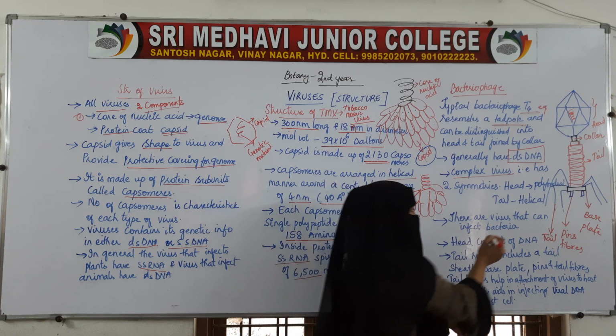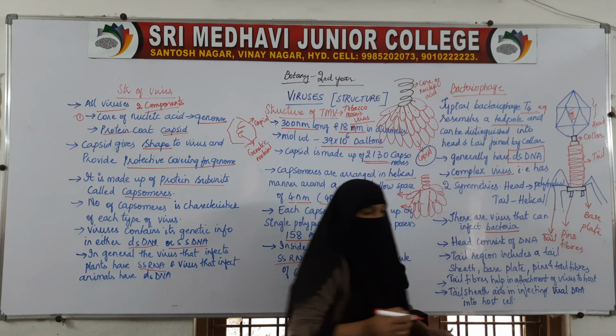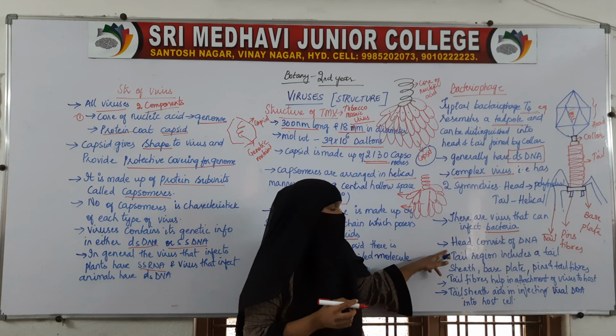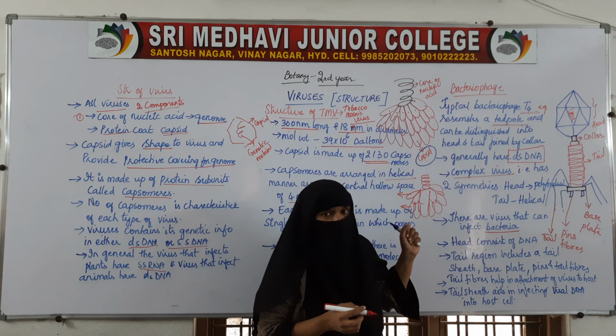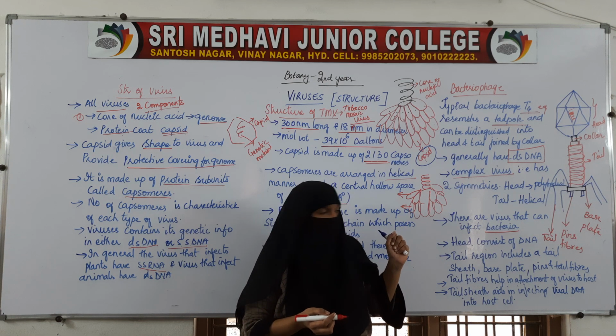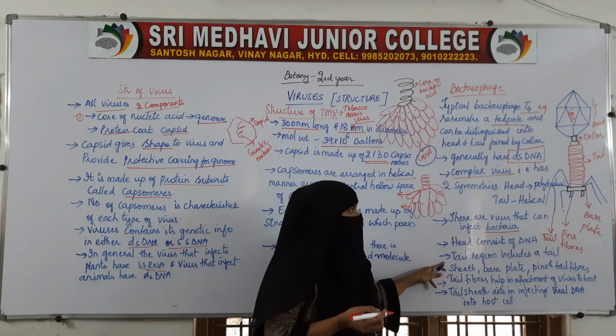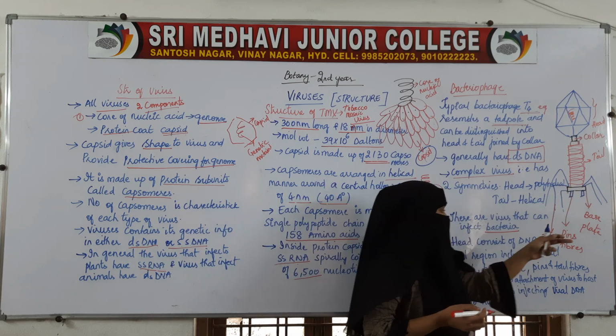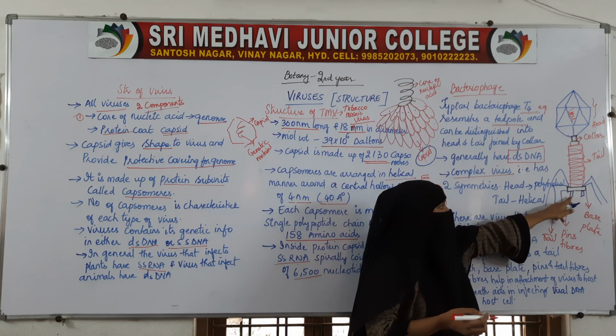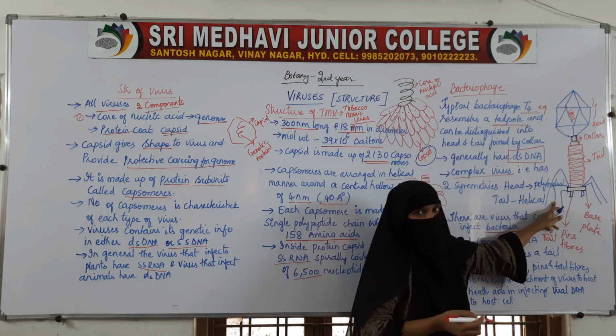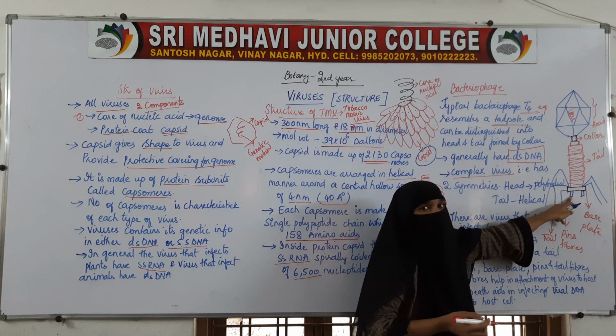So I already said these are viruses that can even infect bacteria. Inside the head we find double-stranded DNA. The tail region includes a base plate, tail pins and tail fibers. What is the work of these tail pins?